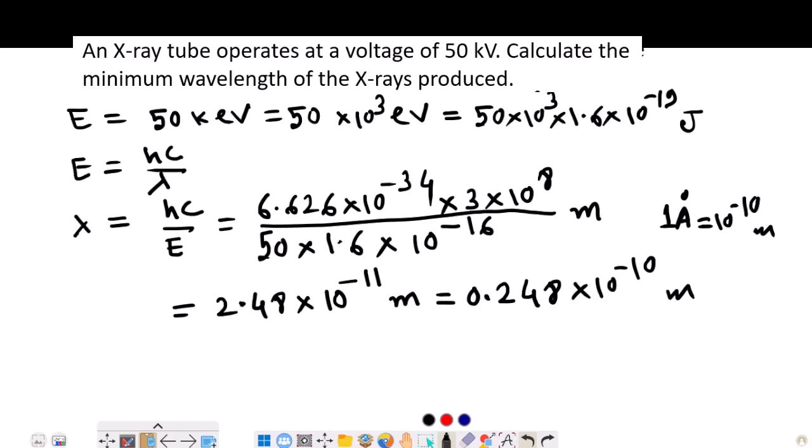We can write this easily, because 10^-11 we can break into 10^-10 times 10^-1, that is divided by 10. Now 10^-10 meter is equal to 1 angstrom. So the minimum wavelength of the X-rays produced is 0.248 angstrom.